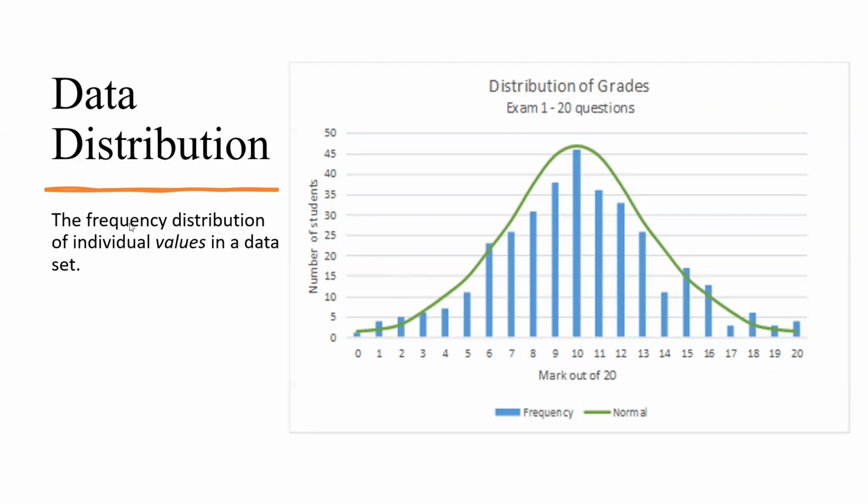So data distribution is nothing but a frequency distribution of the individual values in the data set: at each of those data points, what is the frequency, how many students are there. And as you can see, the distribution we are currently seeing has a specific name. It's called normal distribution.